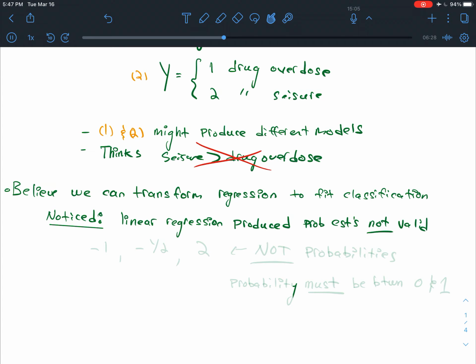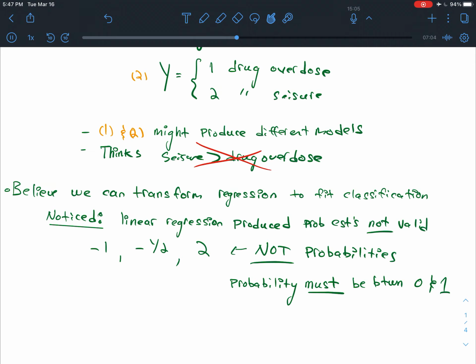That means I got numbers like -1, maybe -0.5, maybe a number like 2. And these are not probabilities. To refresh your memory, a probability must always be between 0 and 1. That makes sense. I don't think I need to convince anyone of this.